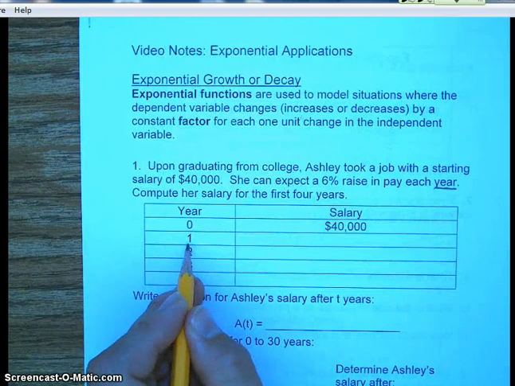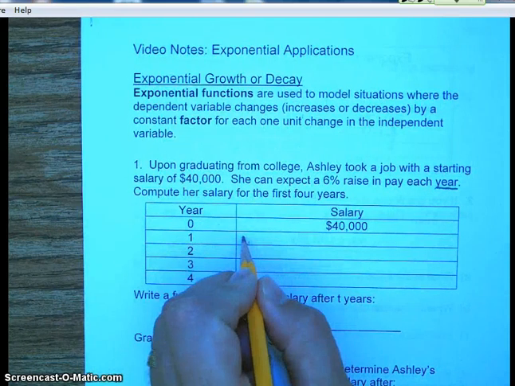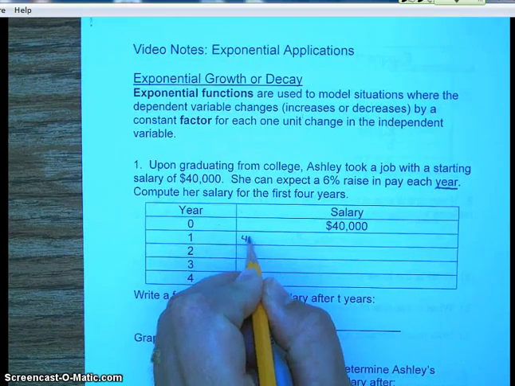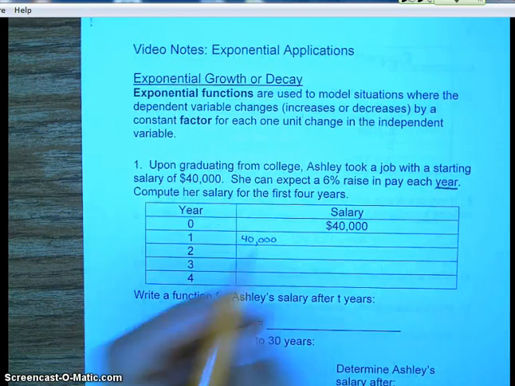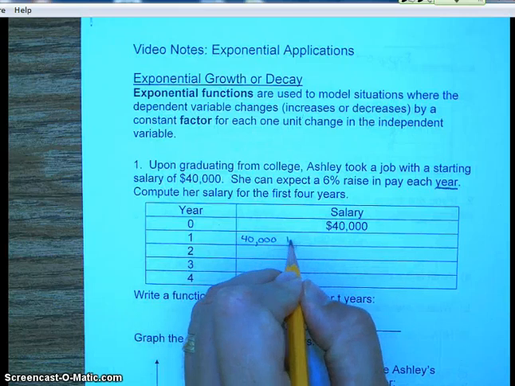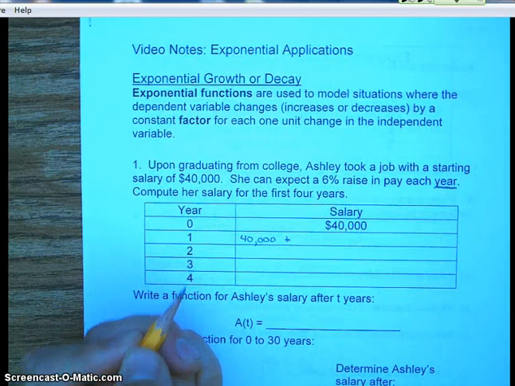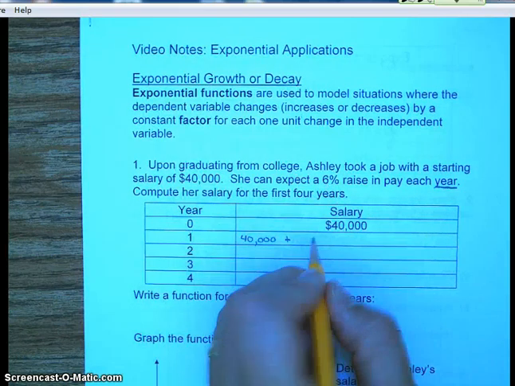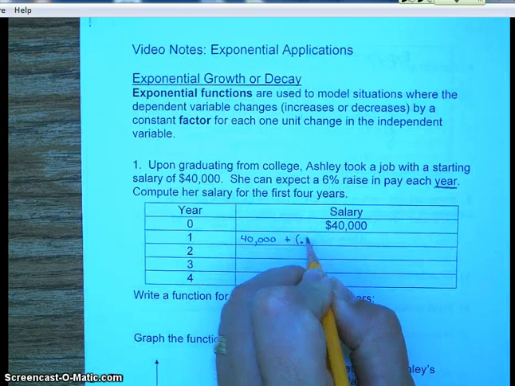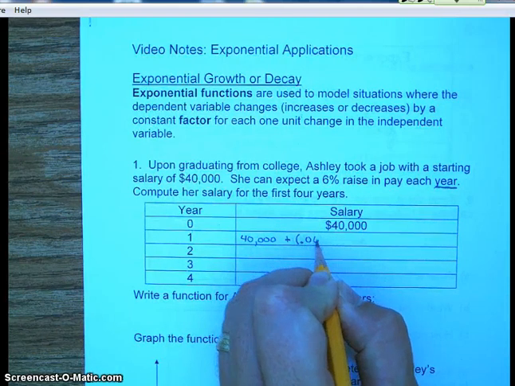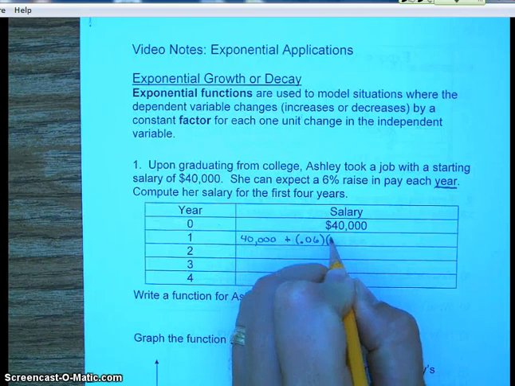Year 1, to calculate her new salary, we would take her original salary, then we would add her raise. Well, she's getting a 6% raise, so to figure out how much of a raise she's going to get, we're going to multiply 0.06 times 40,000.